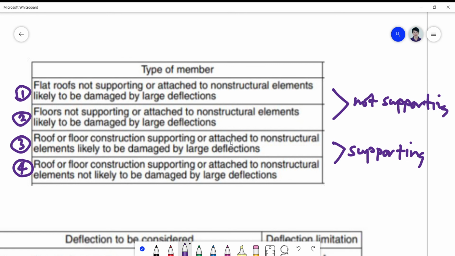When we're referring to non-structural, those are the minor elements in your building, like the windows, doors, etc. The ceilings, the cabinets, those which are attached to it, the finishes, the tiles, the acoustic boards.